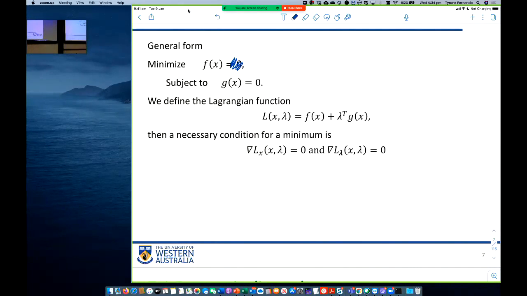So then for the minimization, the grad of L must be 0, because L is now a function of x and also lambda. So grad of L with respect to x must be 0, grad of L with respect to lambda must be 0. In other words, grad of L with respect to all its variables must be 0.